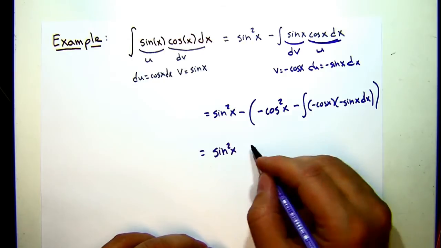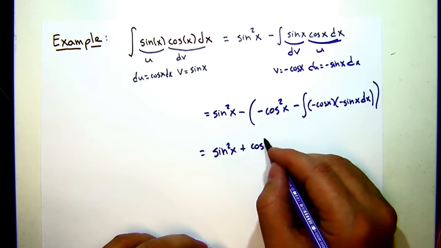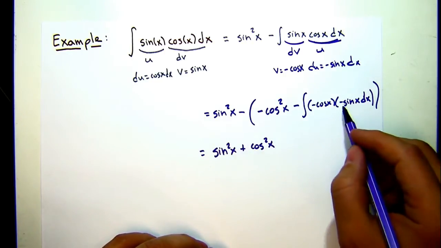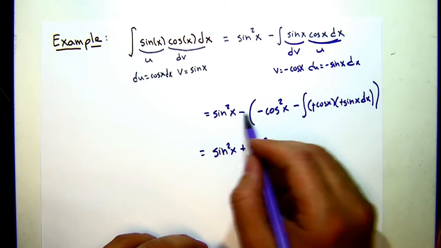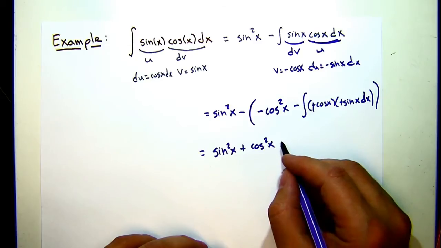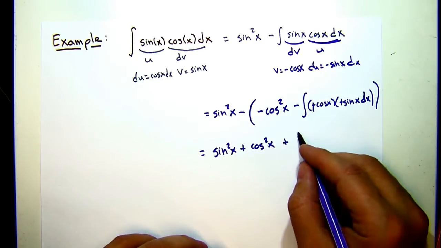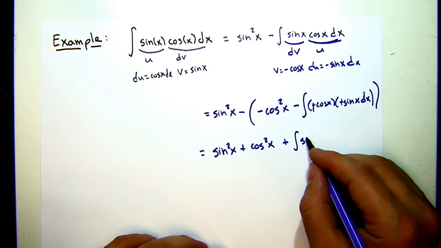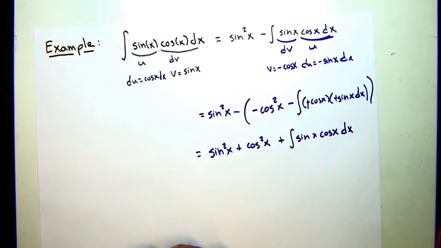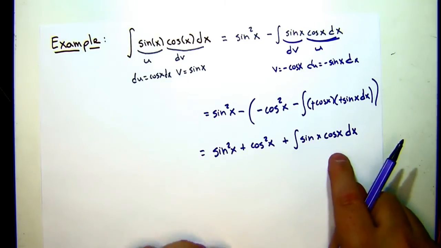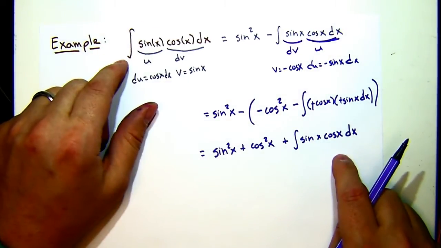All right, so now that we have that, we are almost ready to go. Let's clean this up. Okay, let's be careful here. This becomes sine squared x plus cosine squared x, and minus minus here. Two minuses make a plus. And notice another minus minus. So that's another plus, plus integral sine of x cosine x dx.